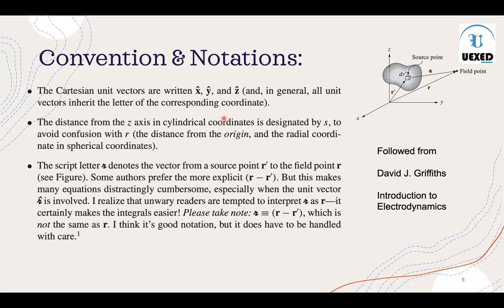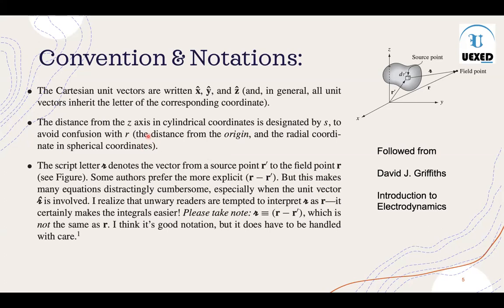Also, in cylindrical coordinates, we're going to represent the z-axis as small z, and the radial coordinate is designated by small s. I just gave these things for completeness, so that you should not be confused later.